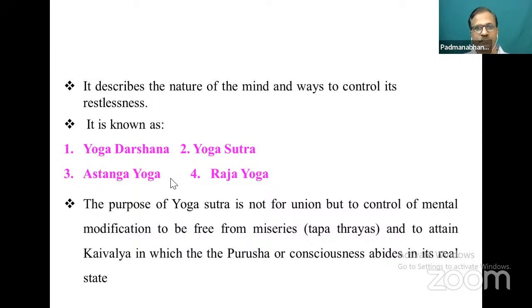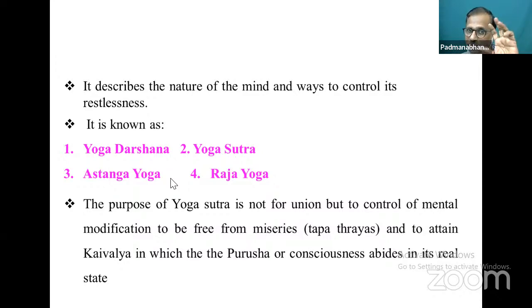And another very important thing: most people, wherever they go, say that yoga is union. But Patanjali Yoga Sutra is not for union. It is actually disunion, viyoga, meaning keeping the Purusha separate, because the Purusha is the absolute reality. Through the Purusha, the Prakriti gets consciousness, even the Chitta.